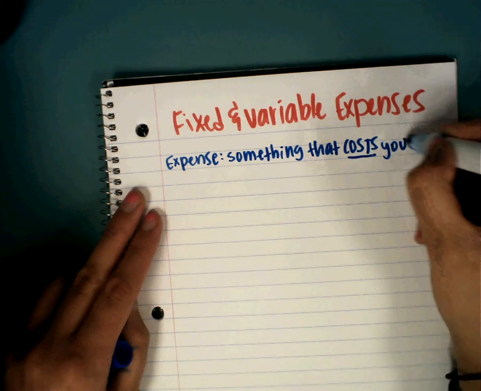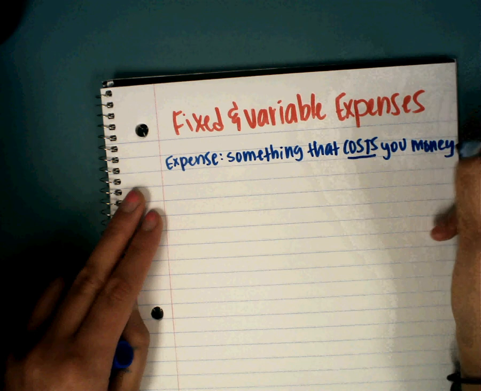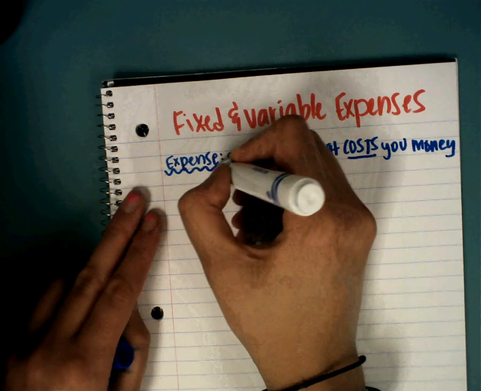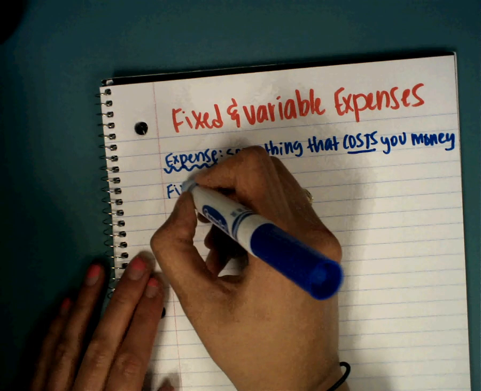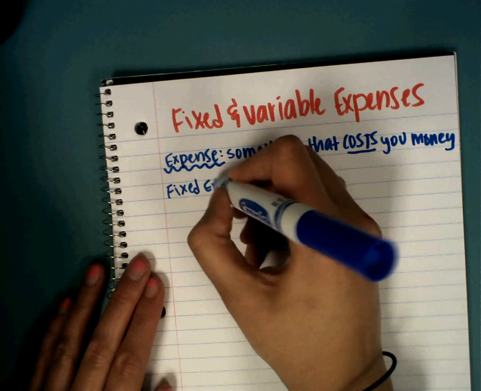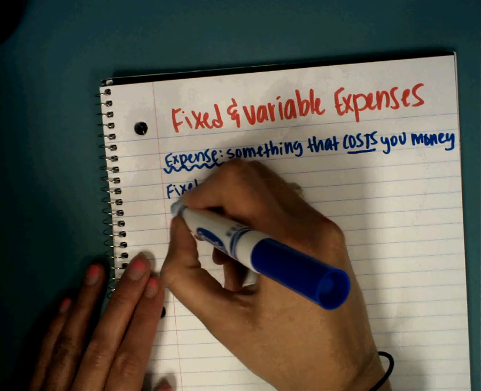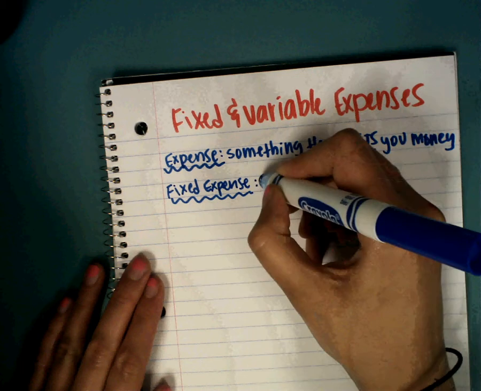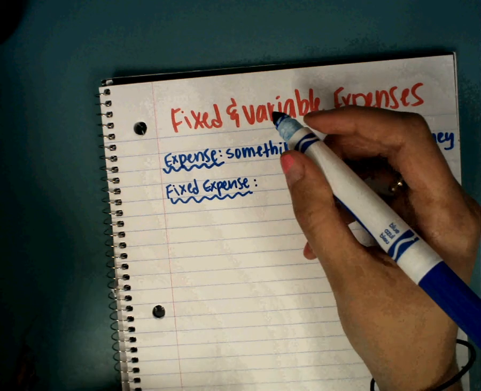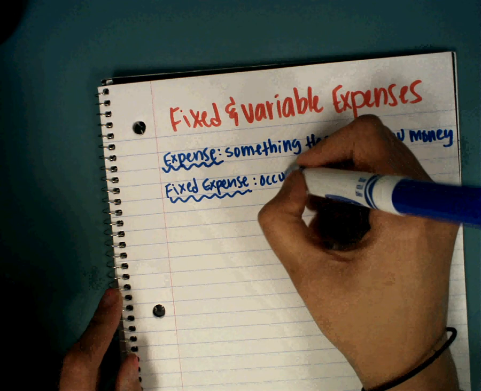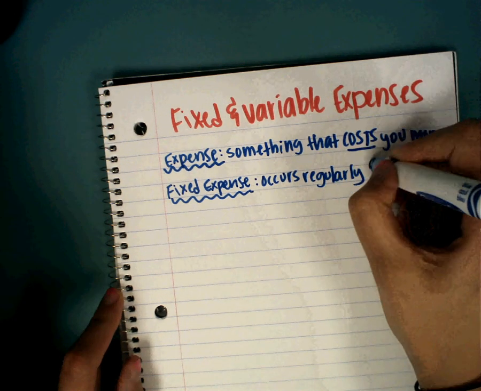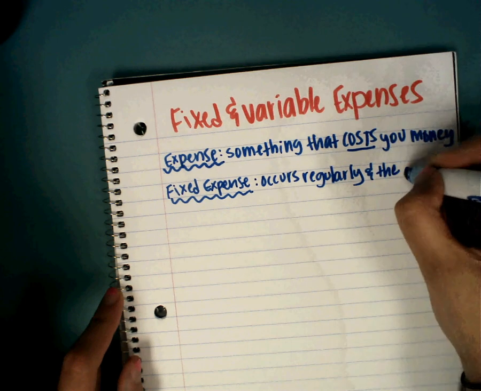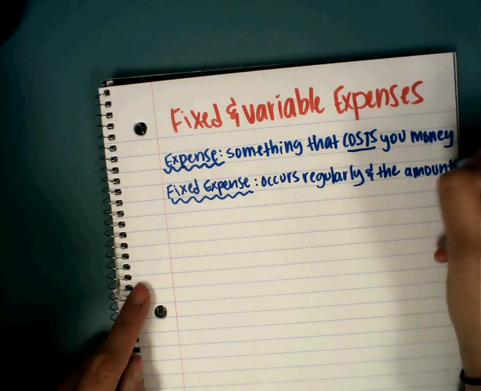Remember, we have two kinds of expenses. We have a fixed expense and a variable expense. So a fixed expense occurs regularly and the amount does not change.